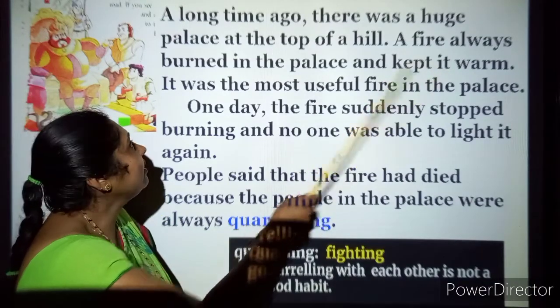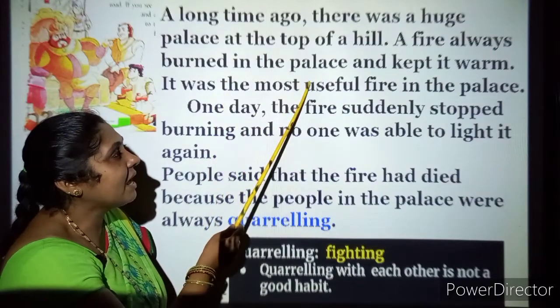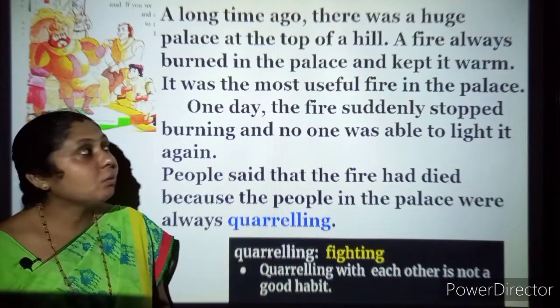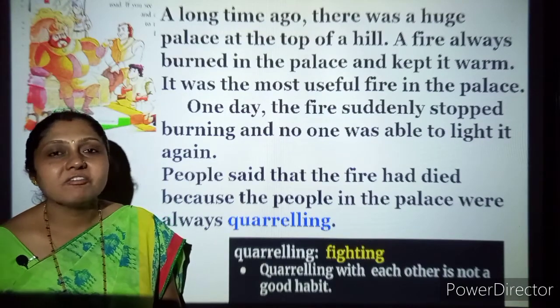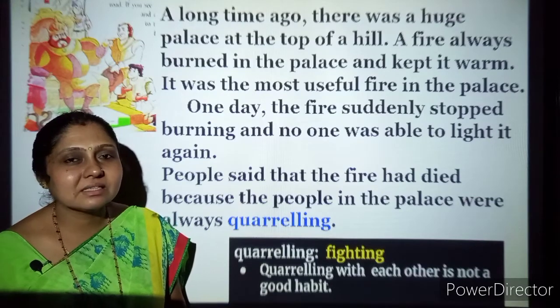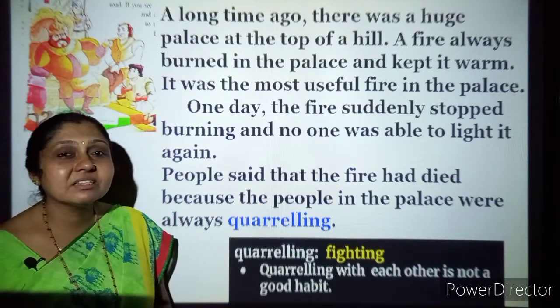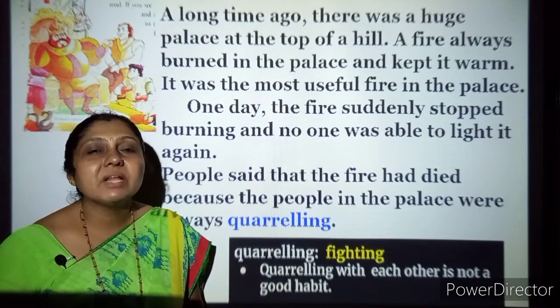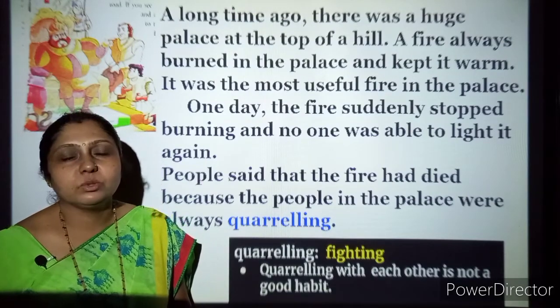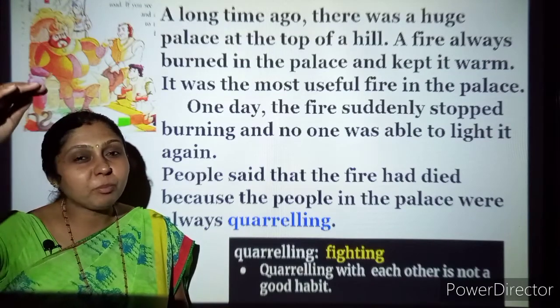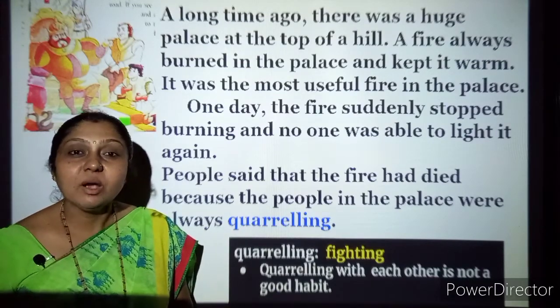A fire always burned in the palace and kept it warm. The fire was lit in the palace. What was the purpose of having this fire? It was helping to keep the palace warm, because when you go to the top of a hill, the weather will be cold.